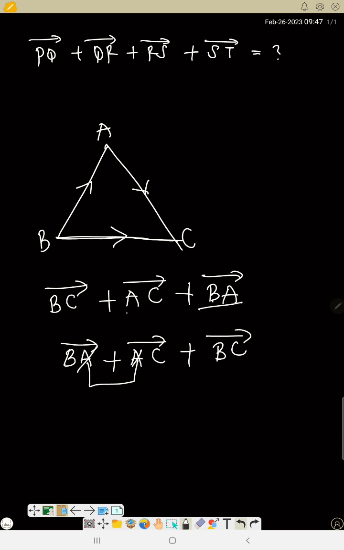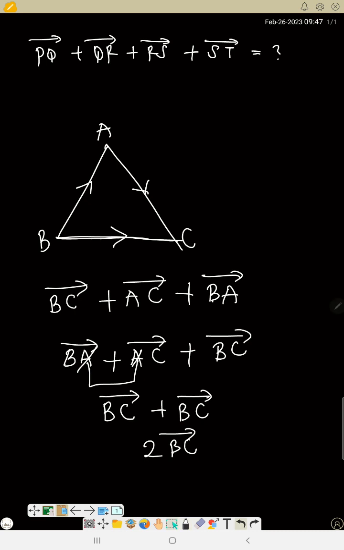So that is BA plus AC, so that I can have BC here. So I can have BA plus AC. So that will be BC, then plus BC. So this will be 2BC. So if I add the two together, that will be 2BC.